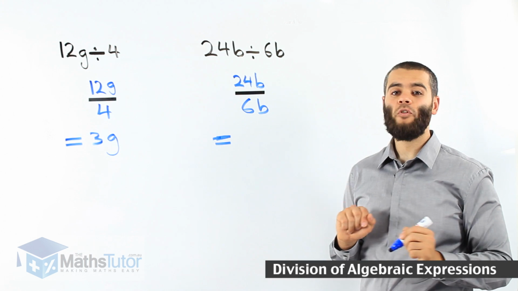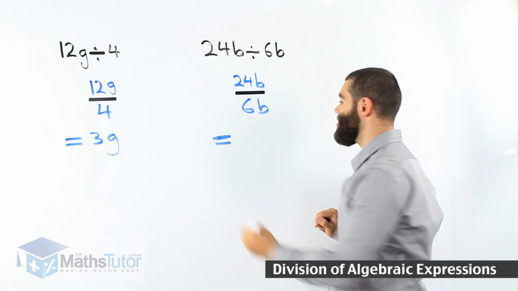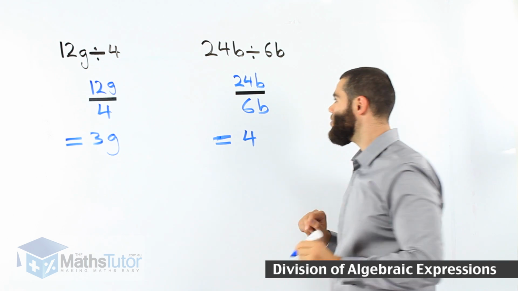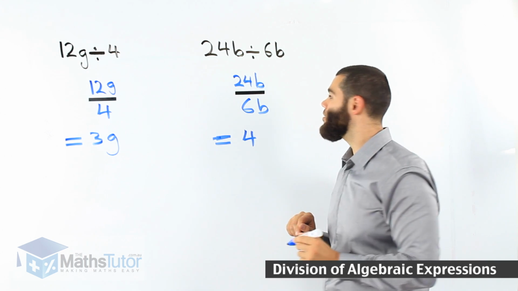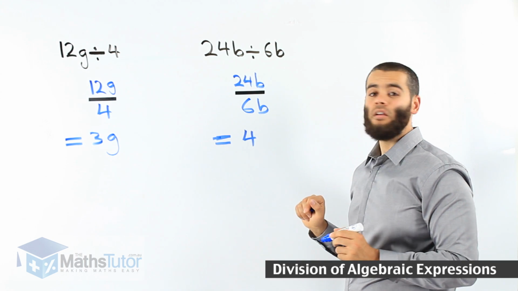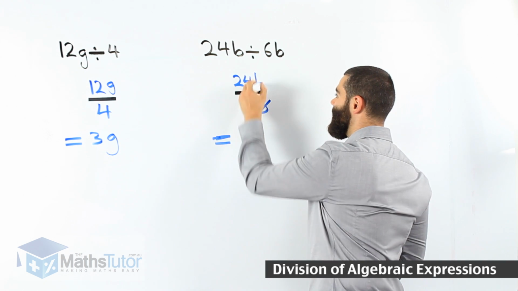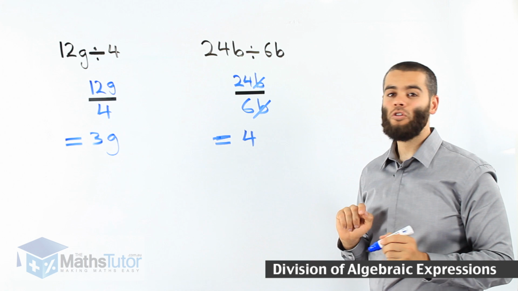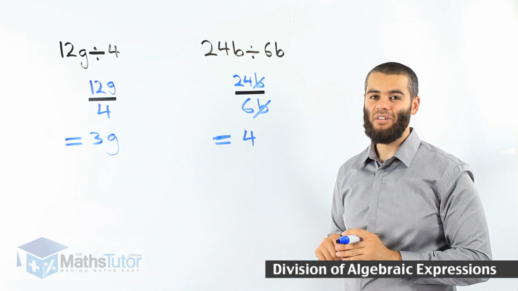Okay, so 24b divided by 6b. 24 divided by 6 is 4. And of course we learnt that we have a b in the numerator, a b in the denominator, on top, on bottom, and of course, see you later, they cancel out. So 24 divided by 6, our answer is 4.